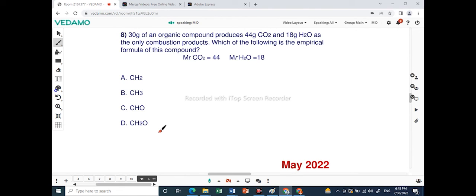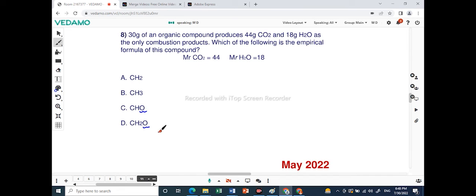Which of the following is the empirical formula of this compound? If you look at the options, you're going to find that there is a possibility of having oxygen. So in this situation, I'm not going only to focus on carbon. I'm going also to focus on the hydrogen and oxygen as well.